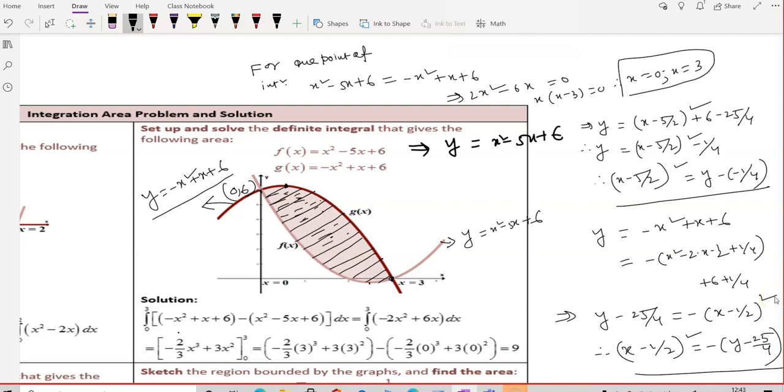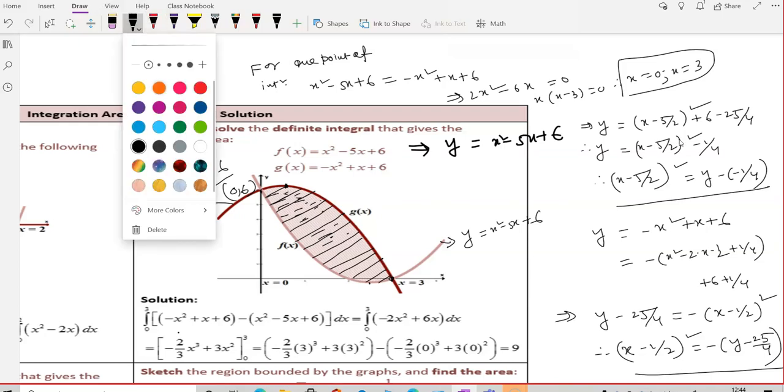Now, the concept behind how to find this area is the simple application of area bounded by the curve with the x-axis. If you go by this curve only, imagine the second curve is not there, the first curve we have taken, x square minus 5x plus 6. What will be the area bounded by this curve with the x-axis?